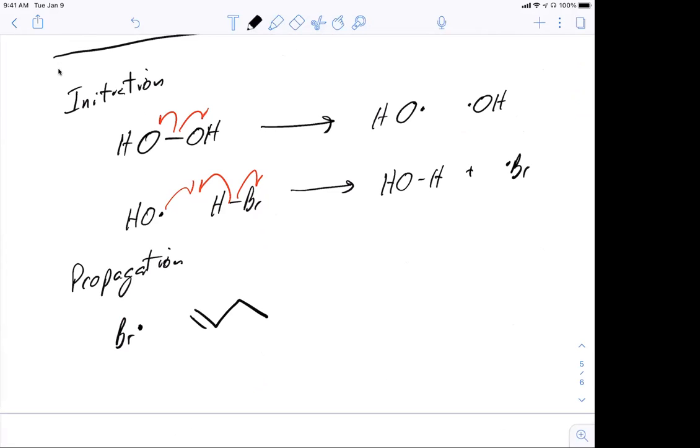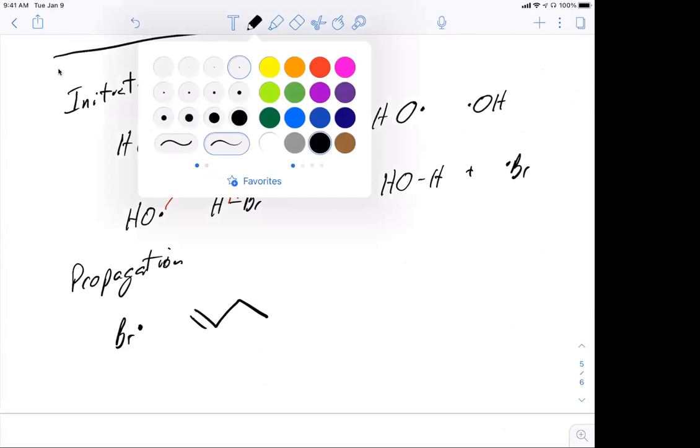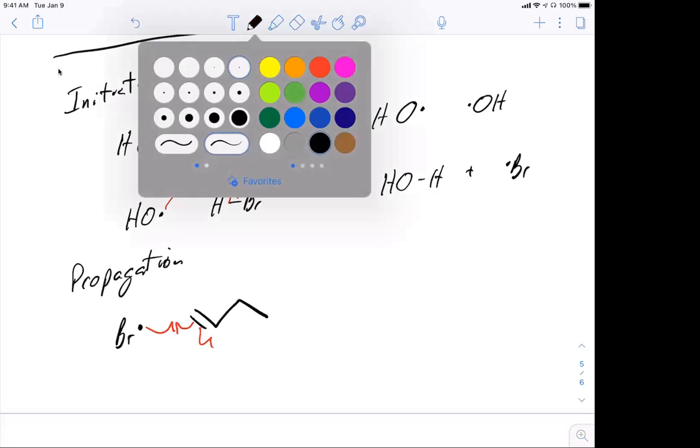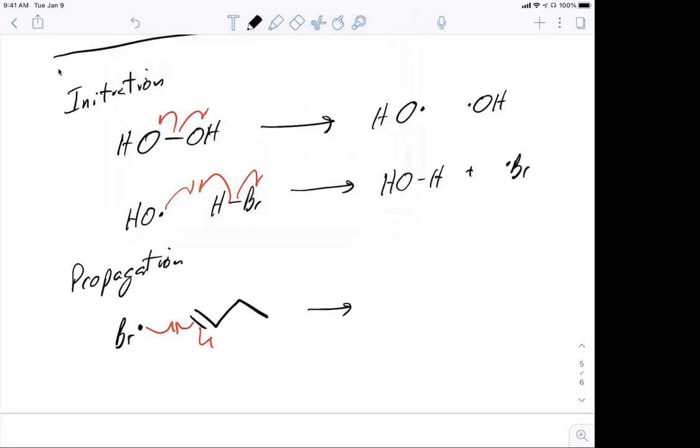So it follows the same type of stability that we see with carbocations. So secondary radical is going to be more stable. So when the bromine reacts with the alkene, notice what's adding first. What's adding first is the bromine. That means that I add the bromine radically to make the most stable radical.